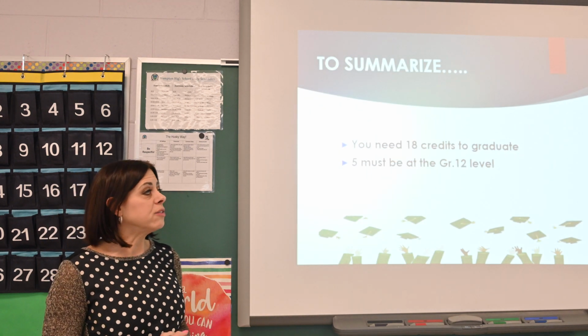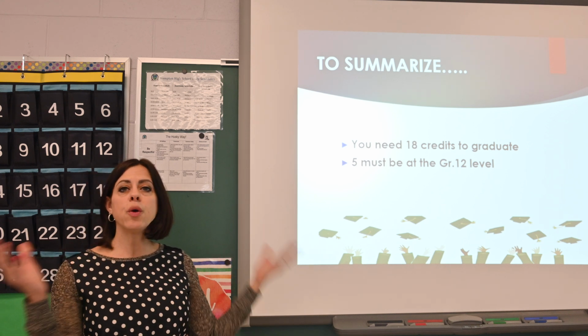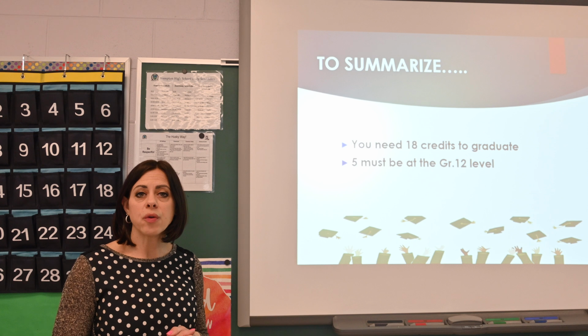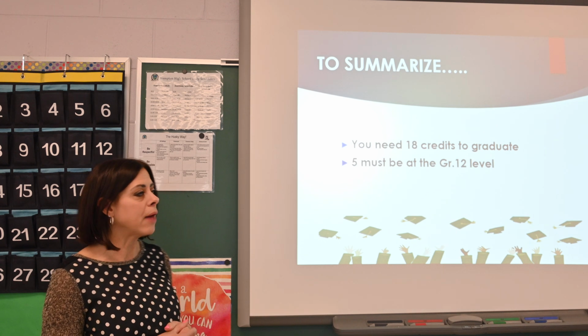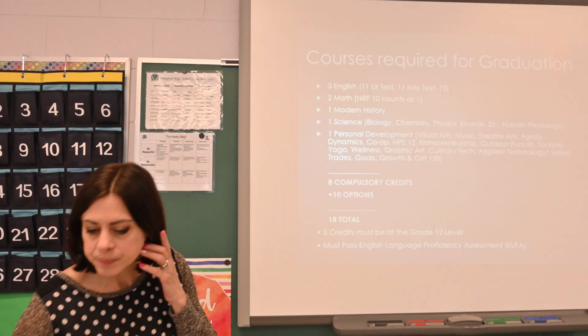So to summarize, grade 12 students need 18 credits to graduate. Every course in grade 11 and 12 is worth a credit, and the one course in grade 10 that counts as a credit is the Numbers, Relations, and Functions 10, which is the math course. 5 of the courses must be at the grade 12 level.